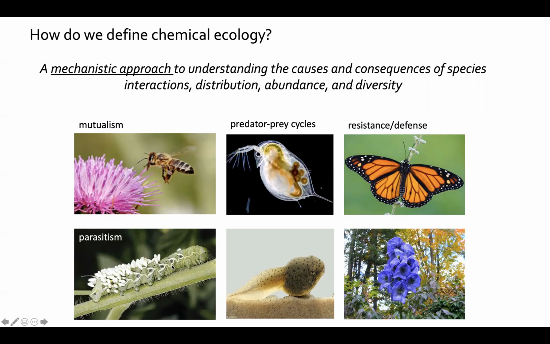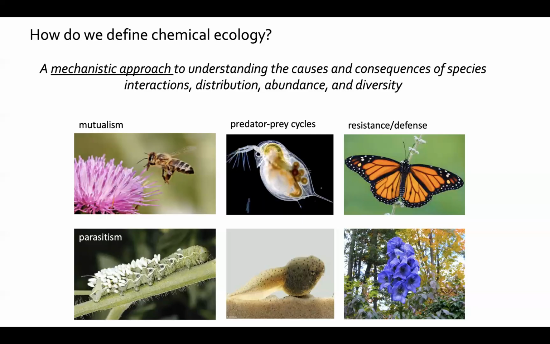So parasitoids, for example, can find their herbivore hosts because the herbivore feeds on a plant and releases very specific volatiles that the parasitoid has learned to associate with their host. And then they come and lay their eggs inside of this caterpillar, and the eggs then hatch. The larvae eat the caterpillar from the inside out and then pupate on the outside.